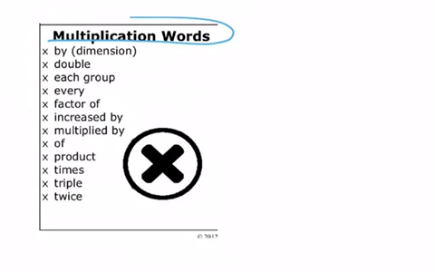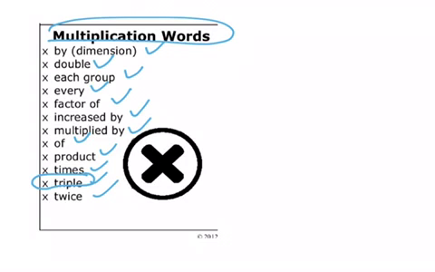Then multiplication words. By, like a dimension, 3 by 4. Double, each group, every, factor of, increased by, multiplied by, of, product, times, triple, twice. Now triple means 3 times something.